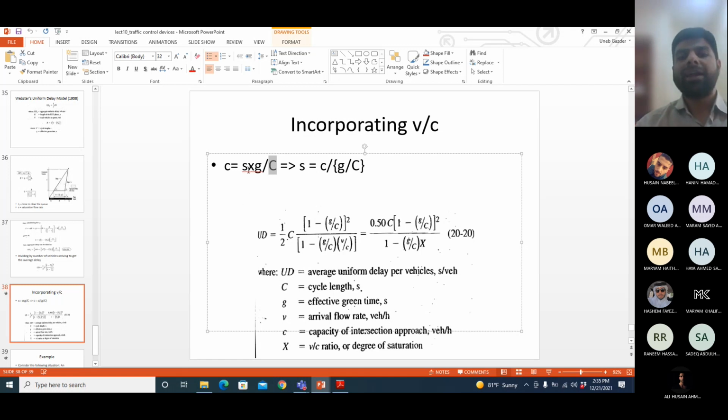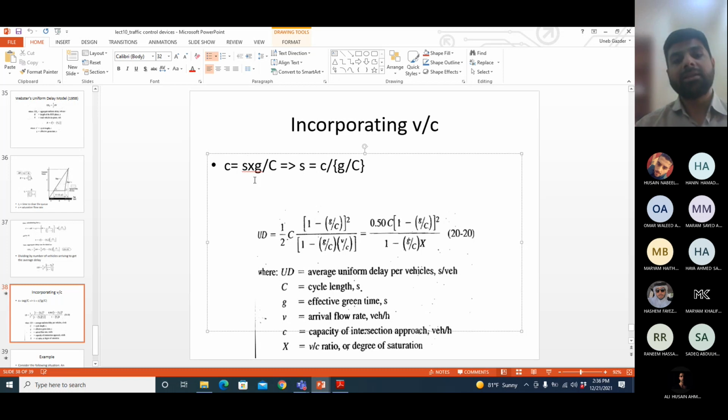How did we get this relationship? Saturation flow rate is the ideal, hypothetical value you would get if the complete cycle length was equal to effective green, meaning if the G by C ratio was 1, then capacity would equal saturation flow rate.